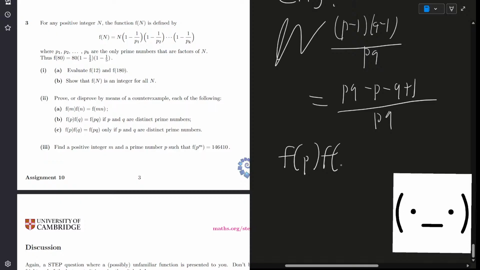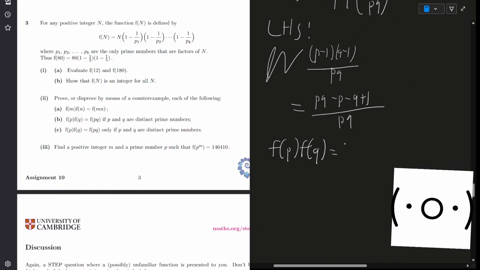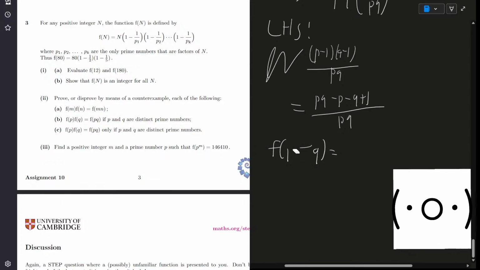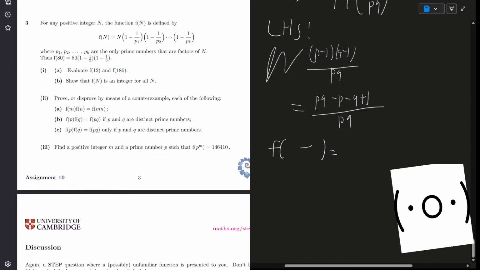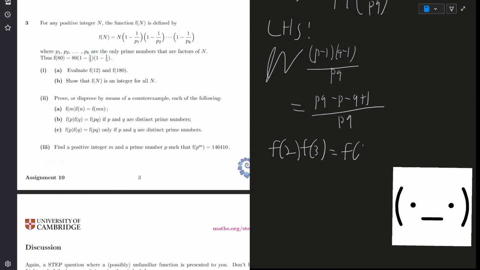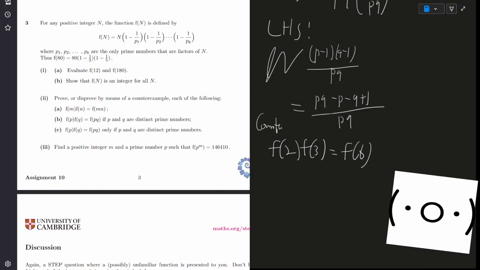Okay, let's try and find a counterexample for the next one. Then we can try and figure out. Let's try and find a counterexample for them first before we try and prove them, just so we can stop wasting our own time. Let's try this out. Counterexample.